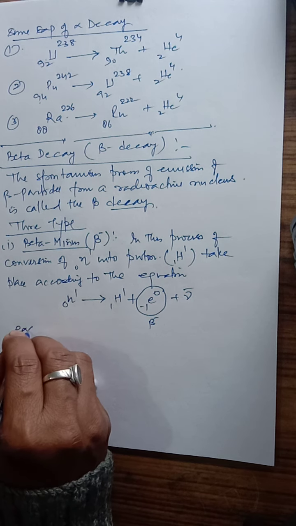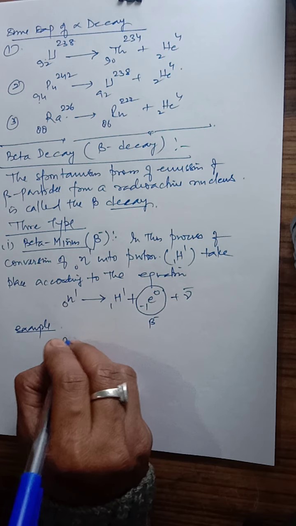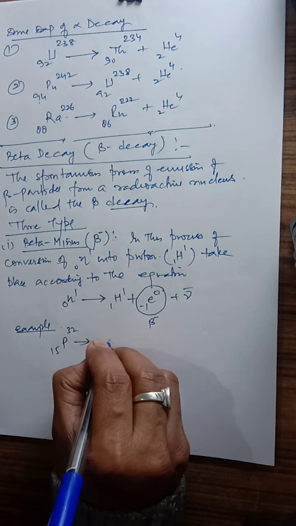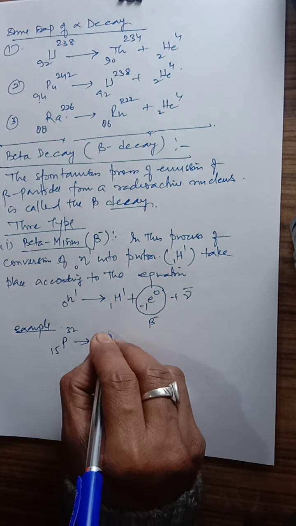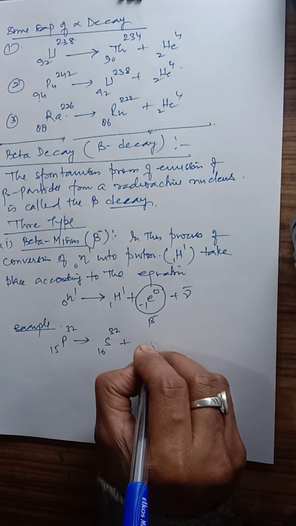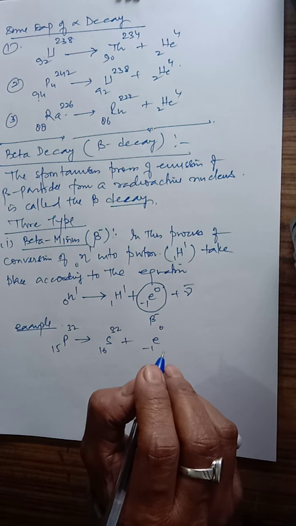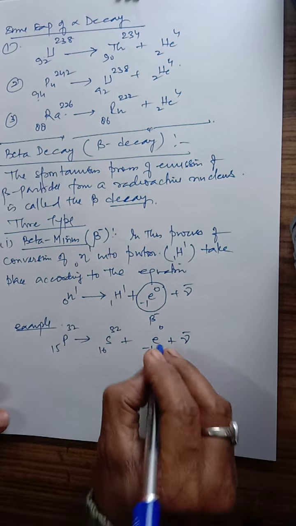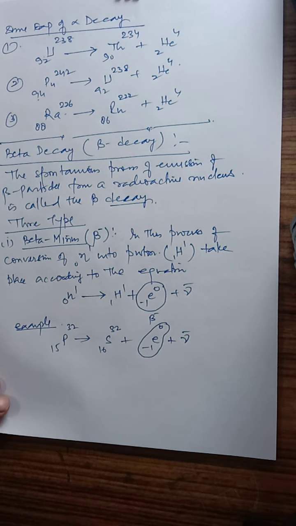The example of this one is phosphorus 15, 32. That becomes sulfur 16, 32, plus an electron and an antineutrino. So this is the beta minus decay.